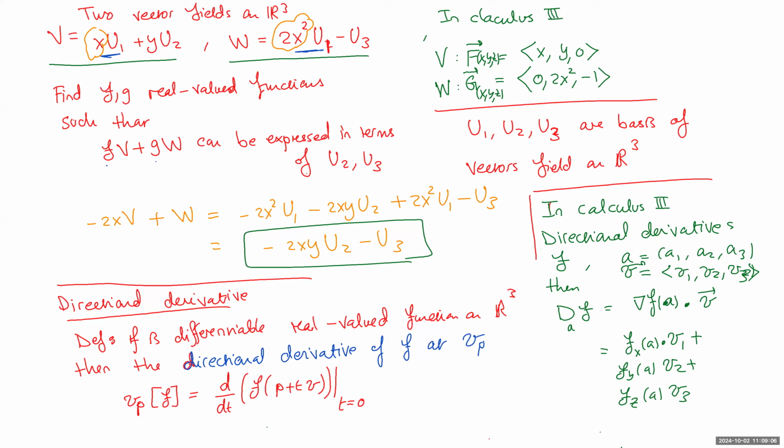So remember, in the limit notation, this is t approaching 0, and we will have f of p plus tv minus f of p, over t. That's the directional derivative.